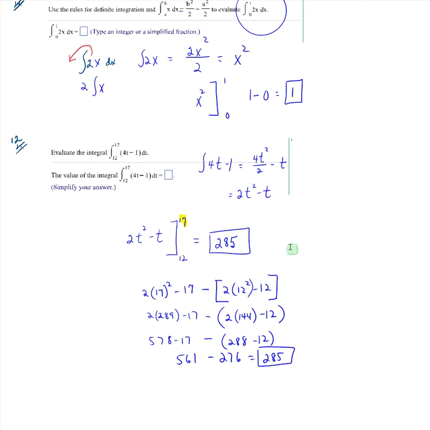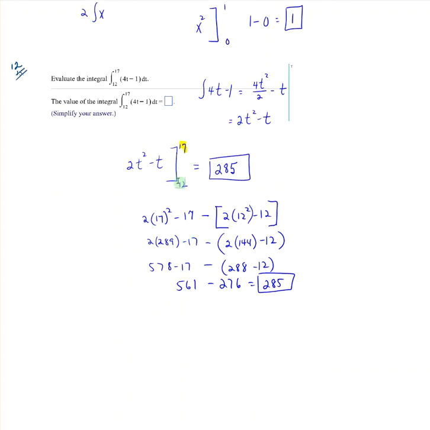Number 12, which I believe is our last one. Integral from 12 to 17 of 4t minus 1. If we integrate this, we've got 4t squared over 2 minus t. That becomes 2t squared minus t. We're going to evaluate that from 12 to 17.